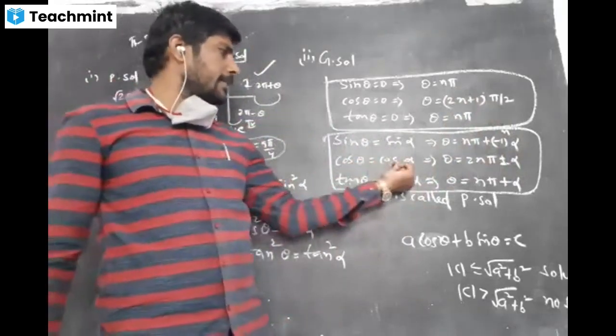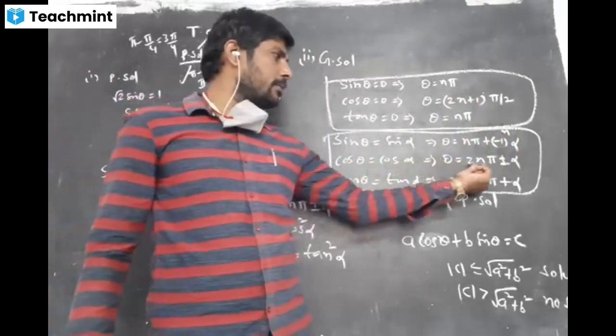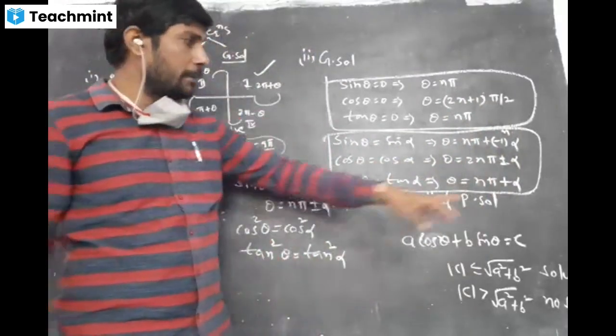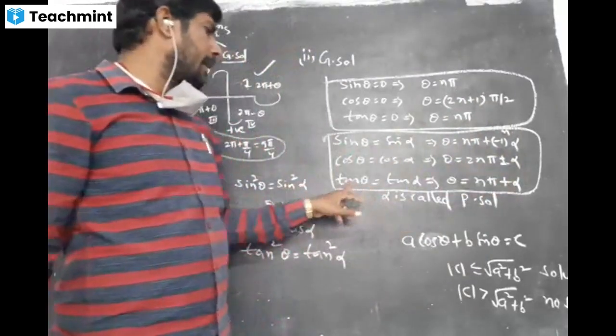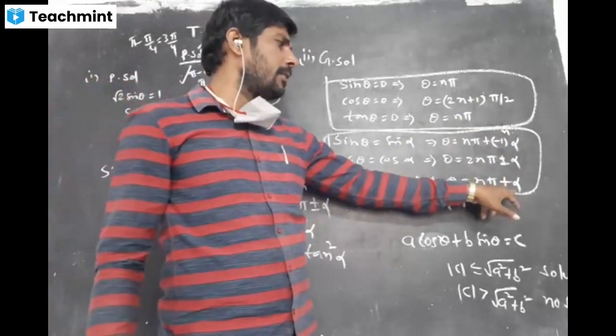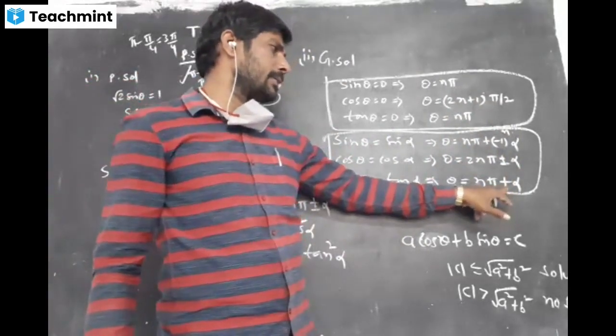Next, cos theta is equal to cos alpha: theta is equal to 2n pi plus or minus alpha. And tan theta is equal to tan alpha: theta is equal to n pi plus alpha, not plus or minus, here only plus.